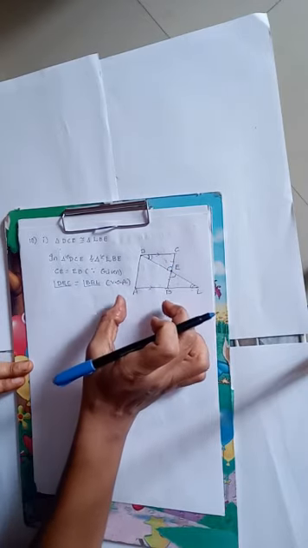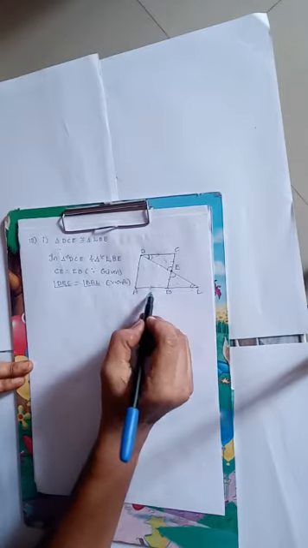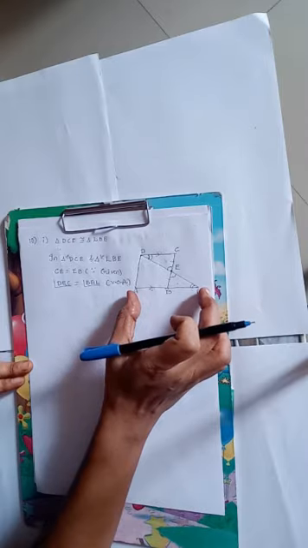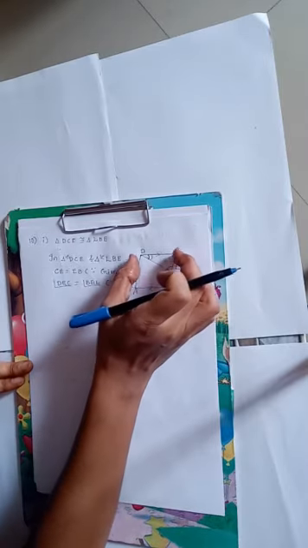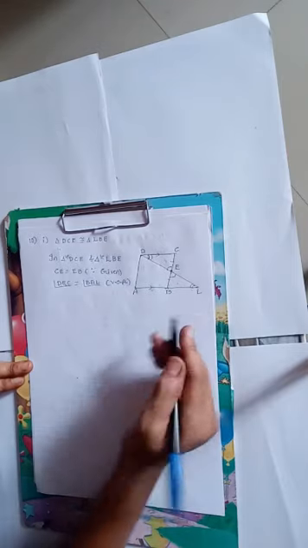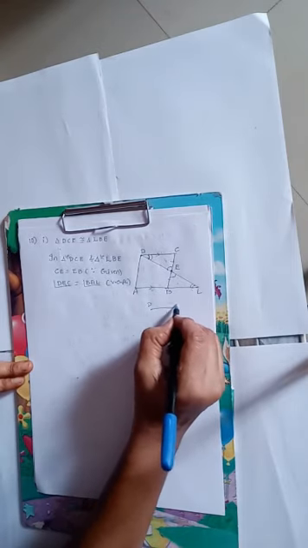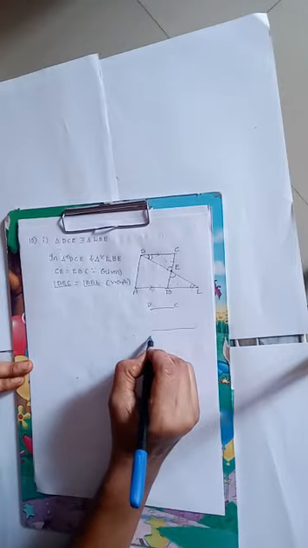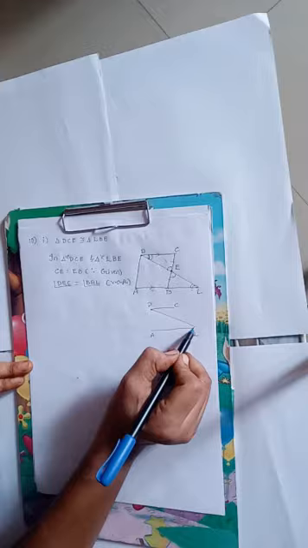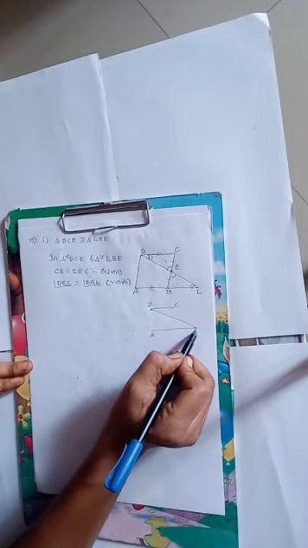And the line AL is the extension of the line AB, so DC is parallel to AL. Now what about this DL? DL will become the transversal.